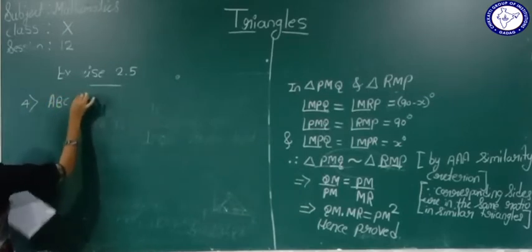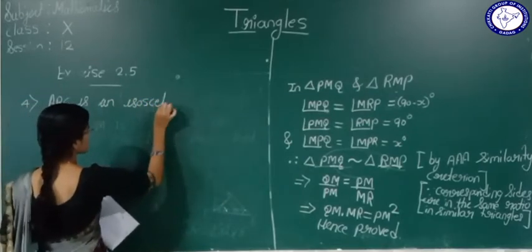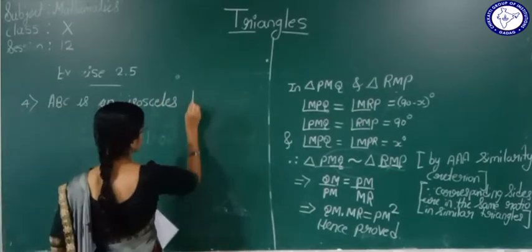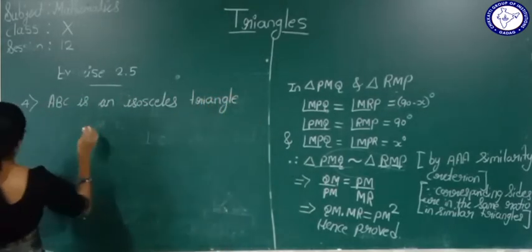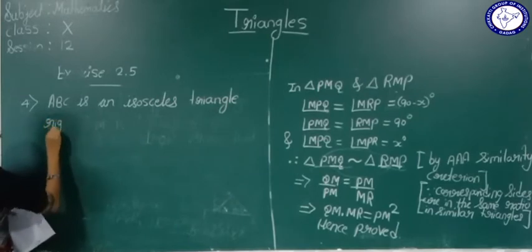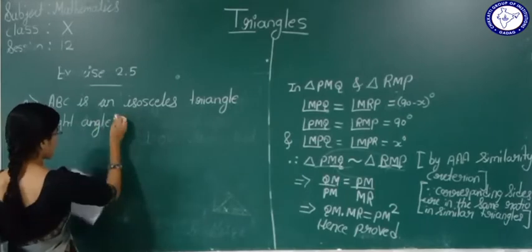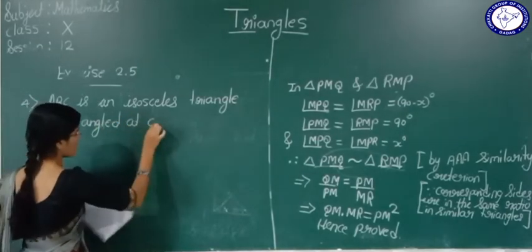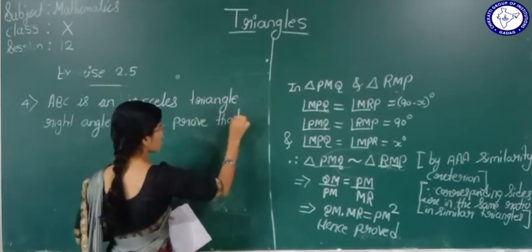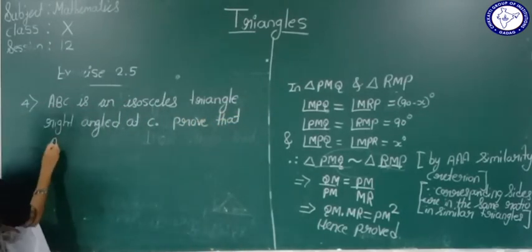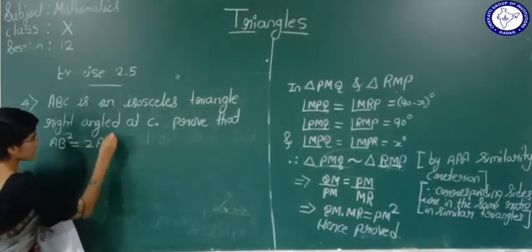ABC is an isosceles triangle right angled at C. Prove that AB square is equal to 2AC square.